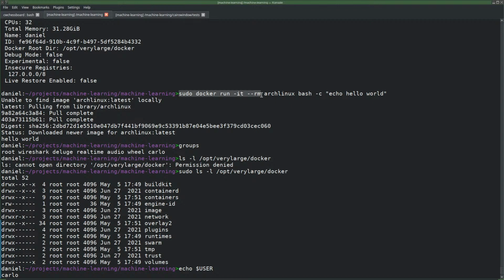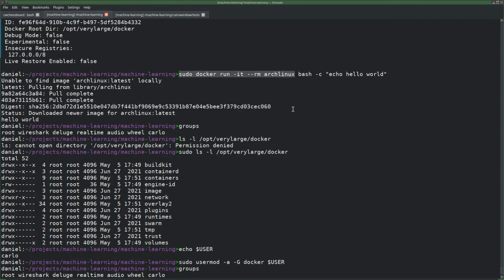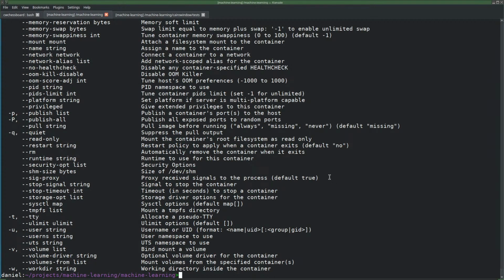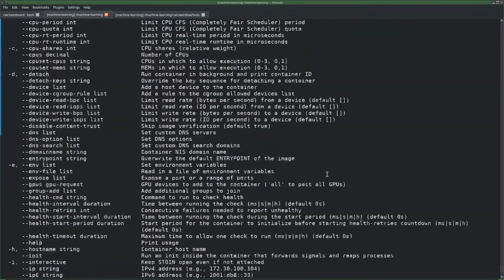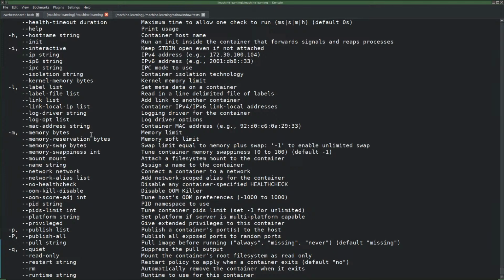What does the rm mean here? Memory limit.